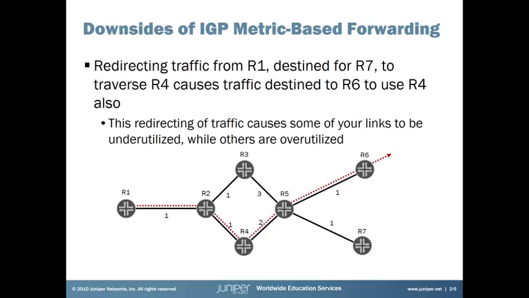So what we're saying is that the IGP is a fairly blunt tool. You can't fine-tune traffic. You can't say, if the traffic's going out through R6, then I want it to go this way, or if it's going out through R7, then I want it to go the other way. You don't get to do that. You can adjust the metrics, but then that changes everything.